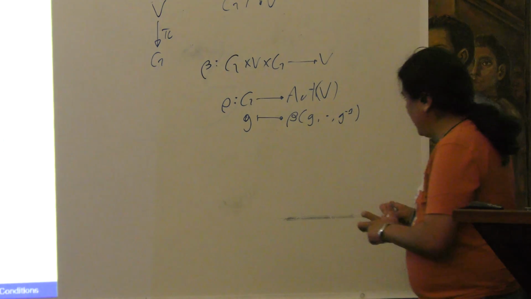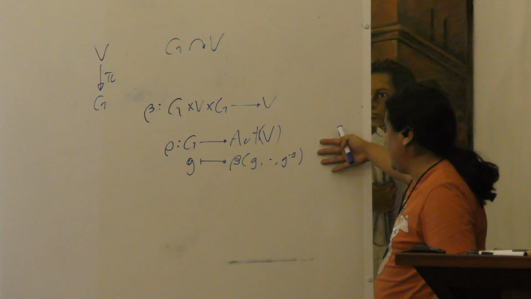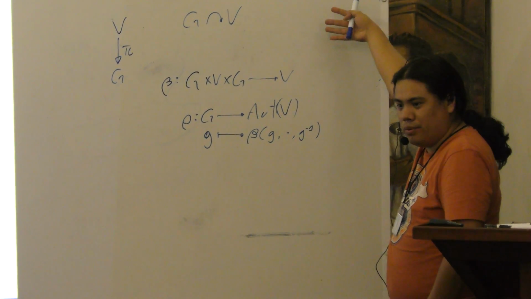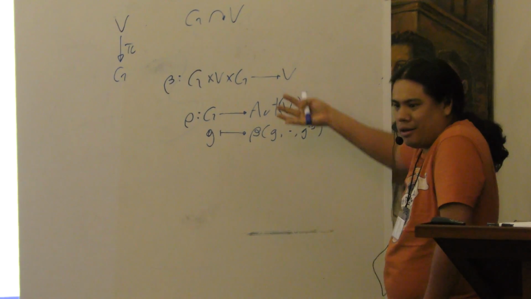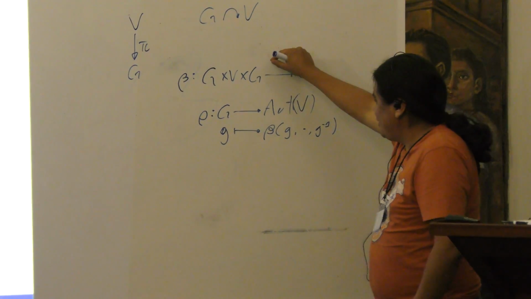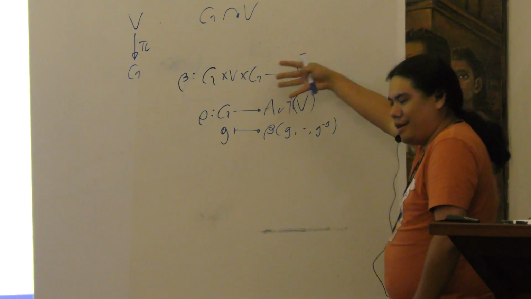So given the B action, we recover completely a representation of G, and the other way around. So it's unique. Once you fix either one of these two, you get the other one.